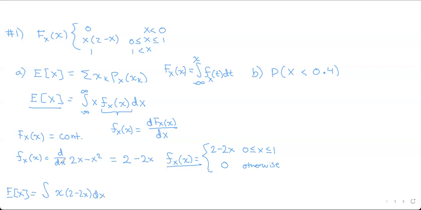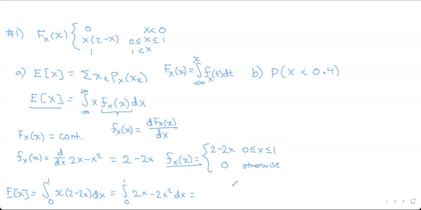We would integrate between negative infinity and infinity, but our bounds are only defined between 0 and 1, so we can simplify the bounds to 0 and 1. So I'm just going to rewrite this as 2x minus 2x squared dx from 0 to 1. Okay, and then we're taking the integral with respect to x, right?